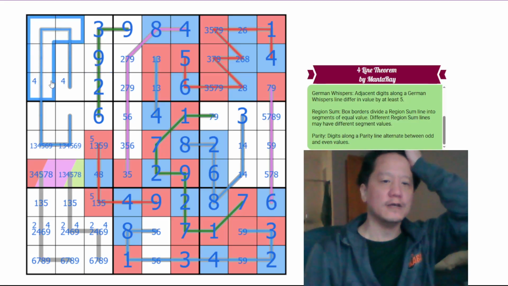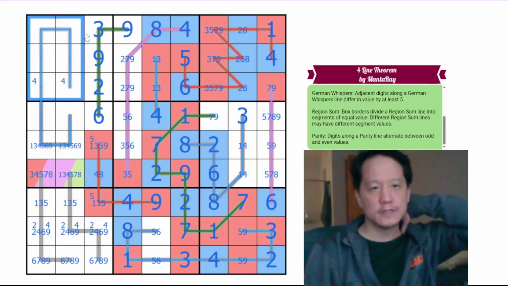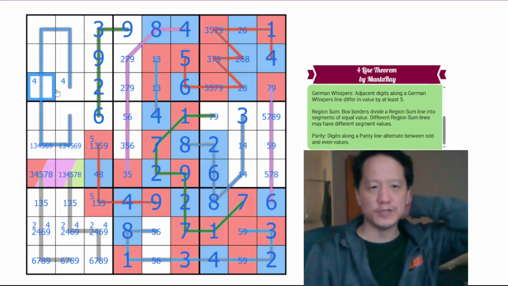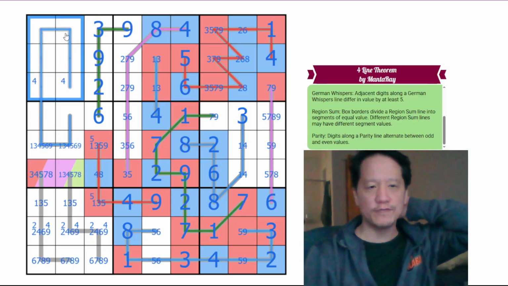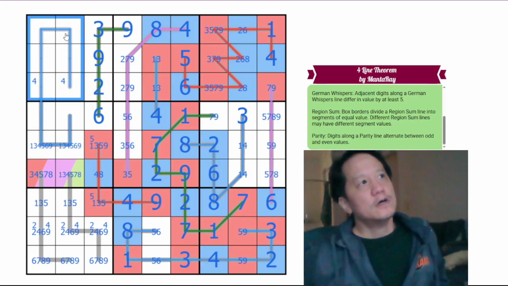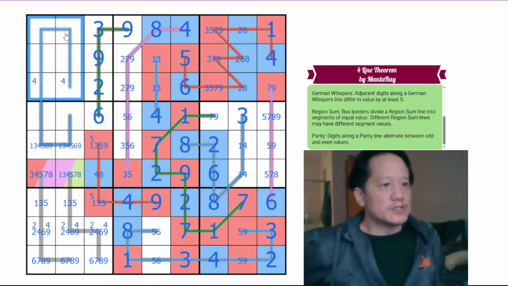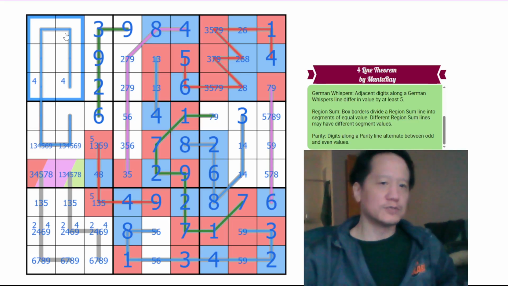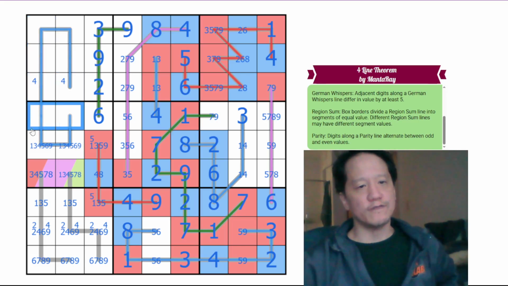And that would be 1. So this would be the minimum amount for these 6, which would be 1, 4, 5, 6, 7, 8. So 4, 5, 6, 7, 8 is 30, and plus 1 is 31, which is greater than 4 unique digits is ever going to be.